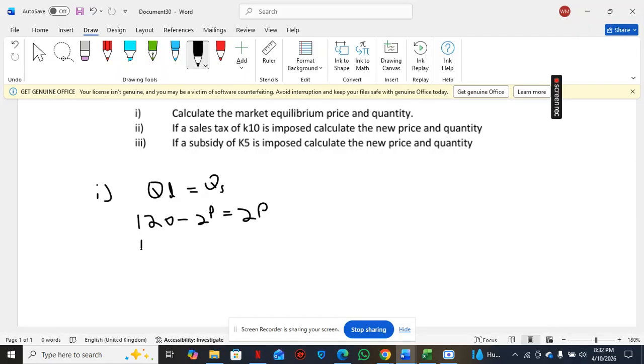So you group like terms. So you're going to say 120 equals 2p plus this negative 2p. You're going to carry it over this side, so it becomes positive 2p. 2p plus 2p, that is 4p.